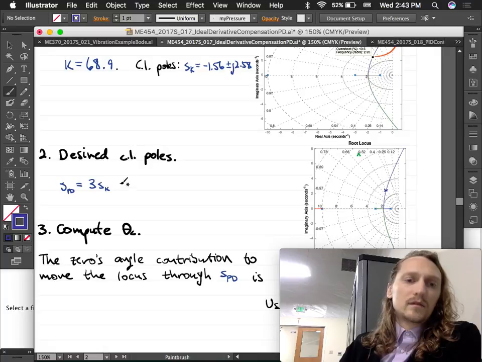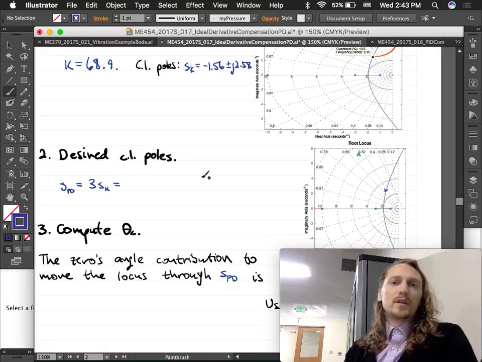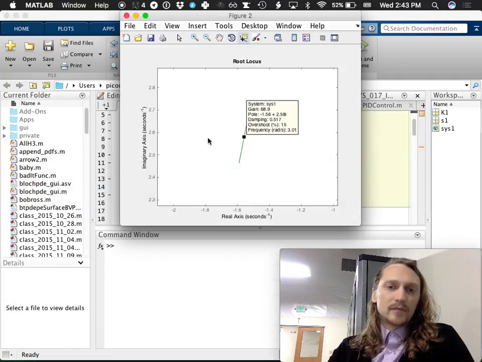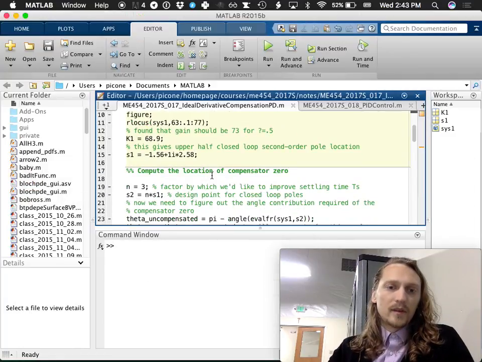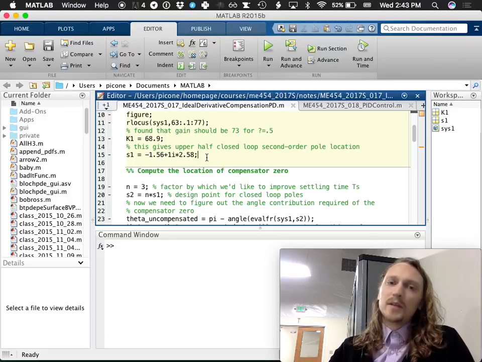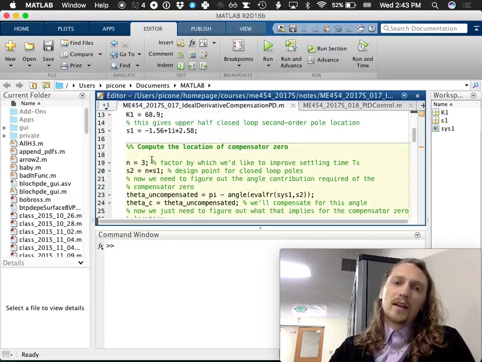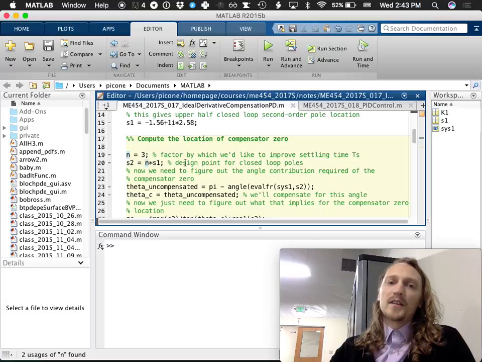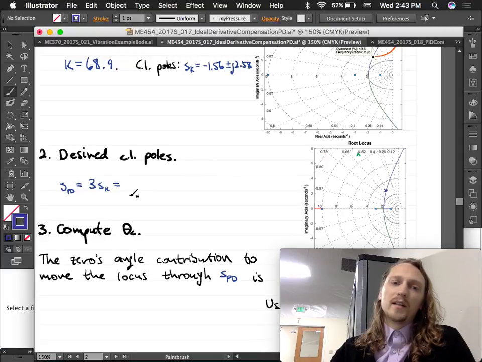So we need it to be equal to, in MATLAB, I just define S1 to be this, and then whatever the factor we want to improve, we'll call N. I'll scale this design point by N to get S2, or S_PD I'm calling it here.